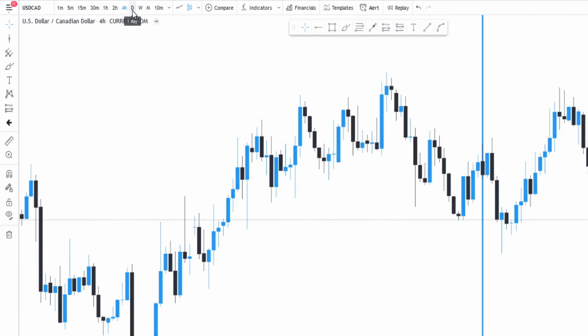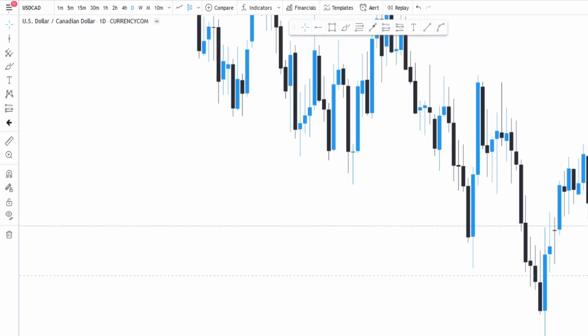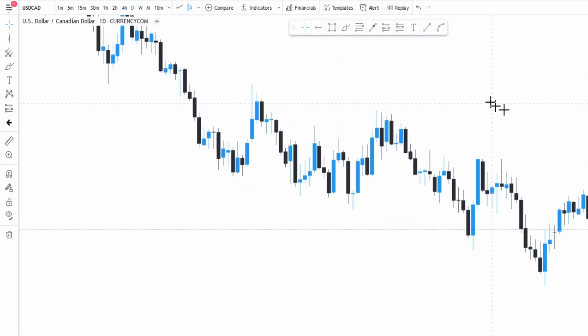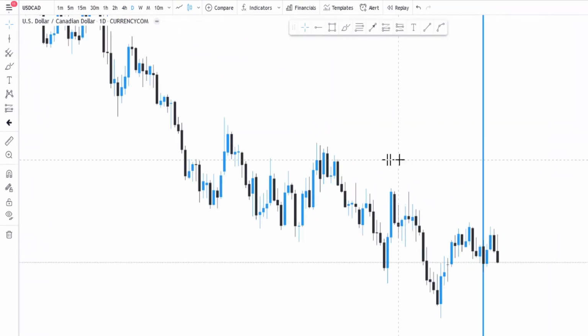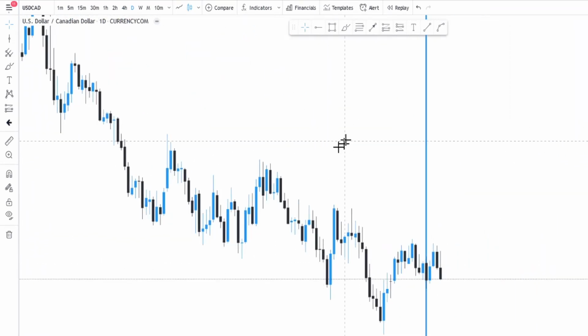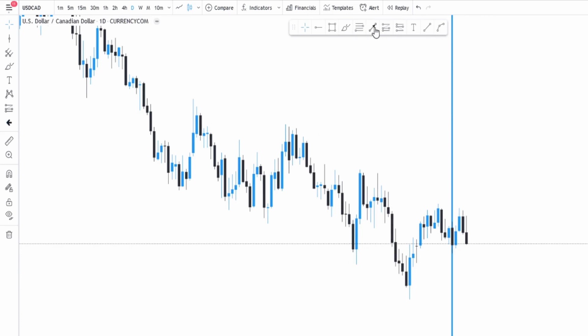So last week we were probably seeing a sell bias here. In this week, let's draw new trend lines.